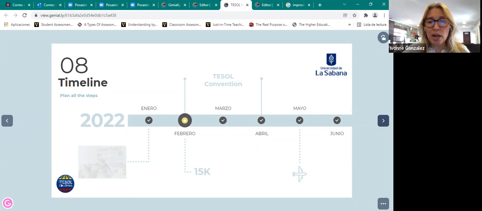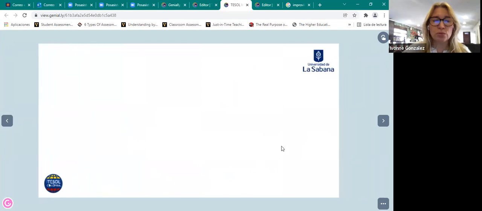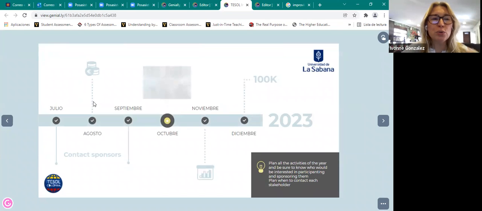Take the year, as I did in those 2 slides, and be sure that you have month by month what activities you want to organize or deliver, and plan how many weeks in advance you have to do something for that activity. Because fundraising is not something that you can improvise, and it is nothing that you can do 1 week ahead of the event or in just a few days.